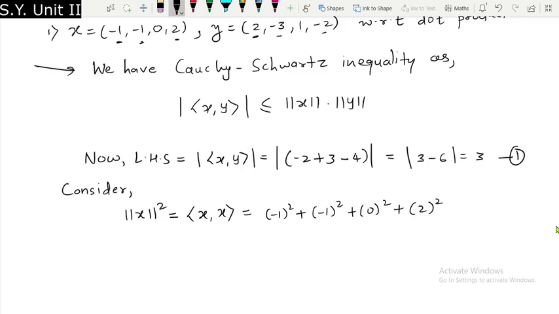That is 1 plus 1 is 2, and 2 square is 4, so 4 plus 2 is 6. Since norm of x square is 6, norm of x is root 6.